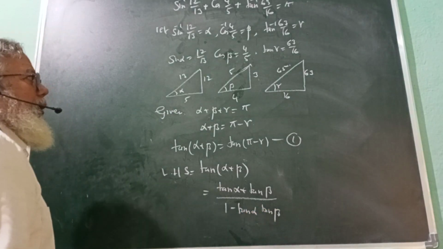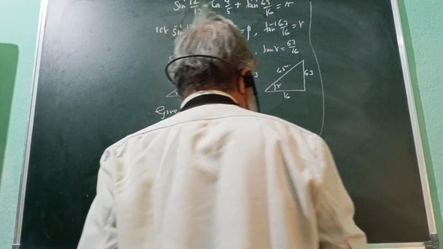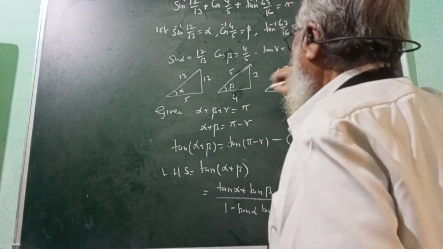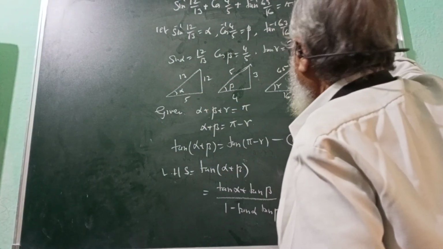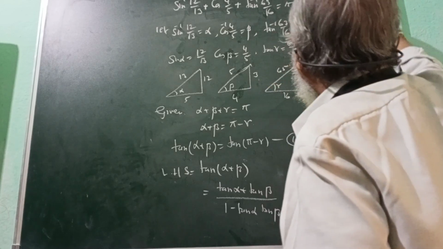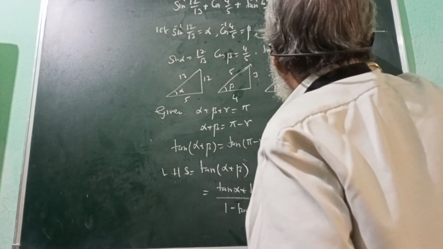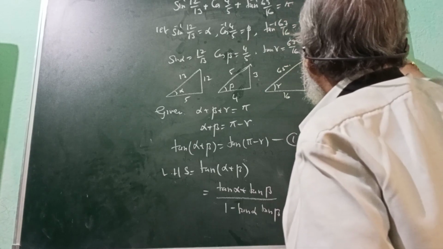And you know that, let me write here, this is tan alpha. The value of tan alpha is 12 by 5, plus tan beta, that is 3 by 4, divided by 1 minus 12 by 5 into 3 by 4.